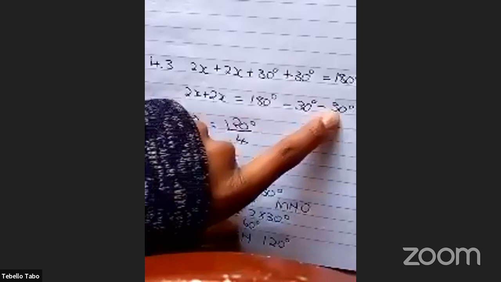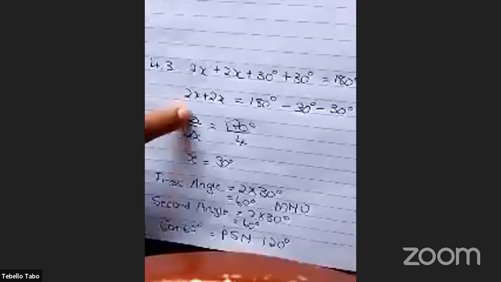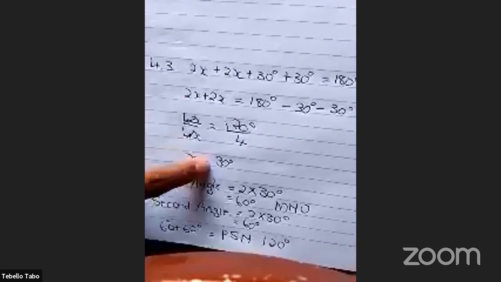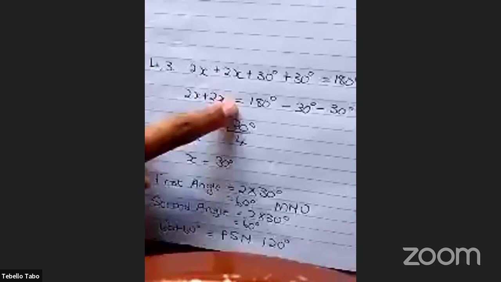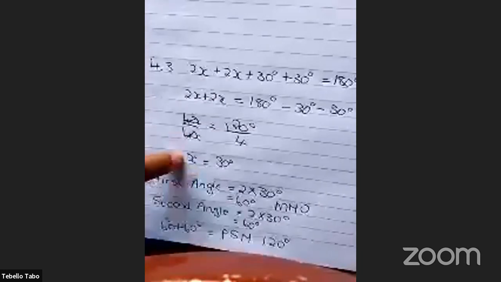And then we'll have our 4x divided by 4x, and then when we subtract this, it gives us 120 divided by 4. Which 4? This 4. What you do on the side, you must also do on the other side. And then x will be 30 degrees. We'll say 120 degrees divided by 4 equals to 30 degrees.